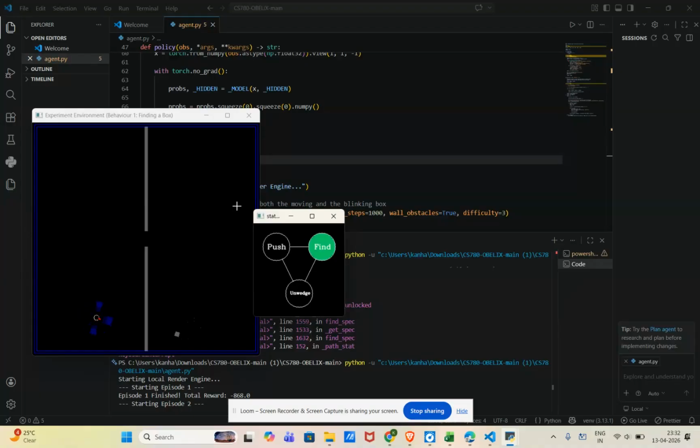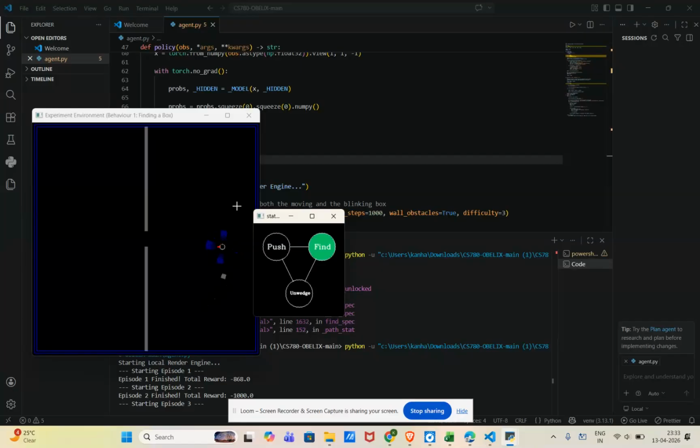I have trained this with domain randomization to allow generalization, basically for all difficulty levels, with wall and without wall. Also, we can improve this behavior in future, like adding more exploration bonuses, penalizing it if it is just rotating, or designing denser rewards during the search phase. We can do it like that.